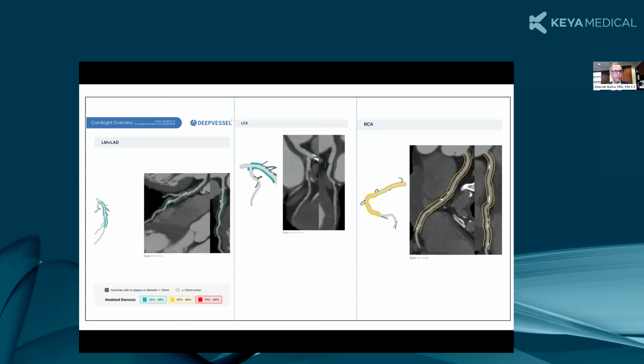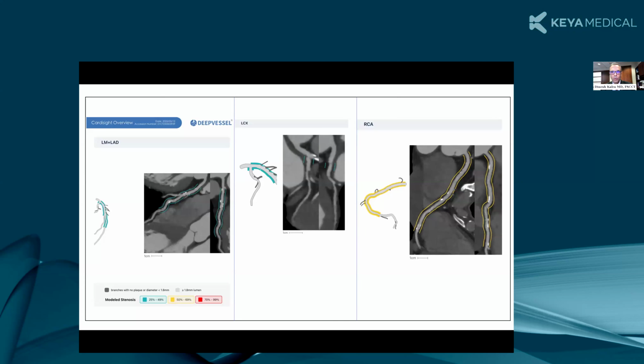So this is not yet FDA approved. This is stenosis by AI using Kia's tool called DeepVessel FFRCT. And you'll see this tool being offered by many of the AI companies. What it really helps you do is, you're going to do the manual read yourself, but it color codifies for you where to first focus your attention.